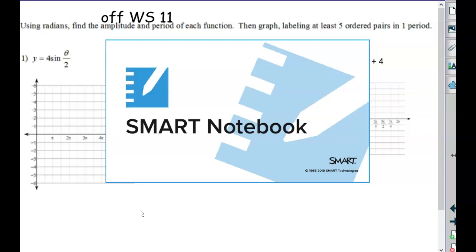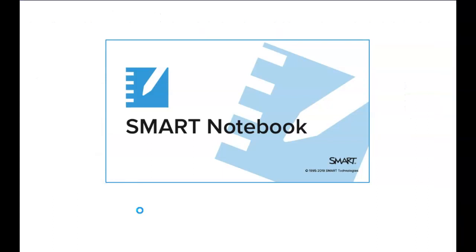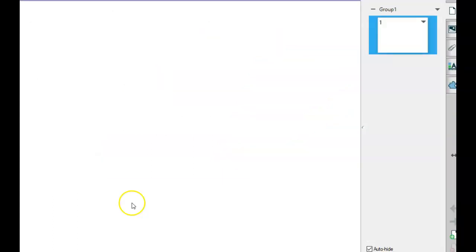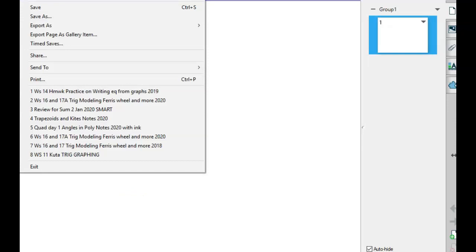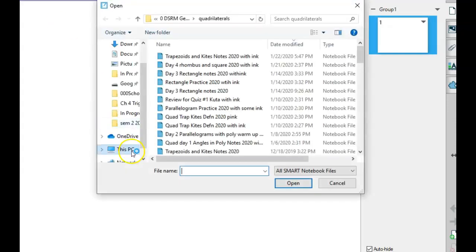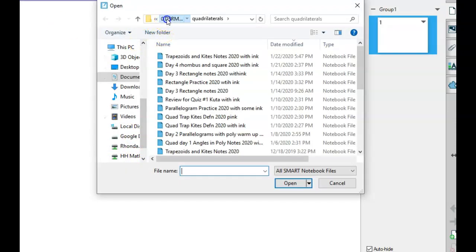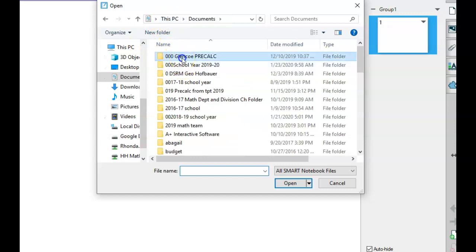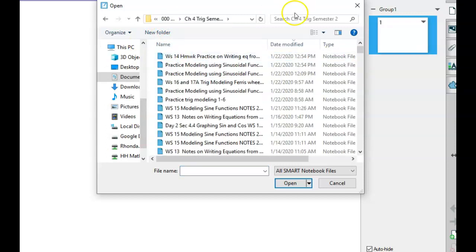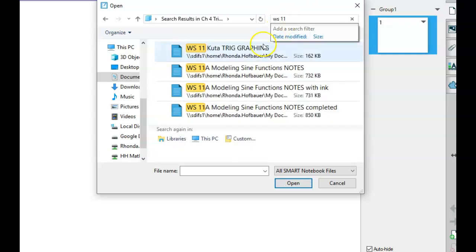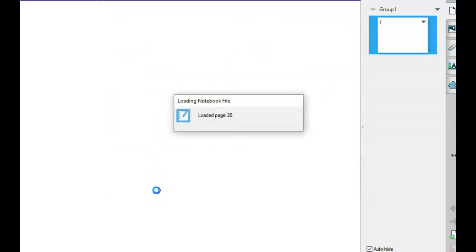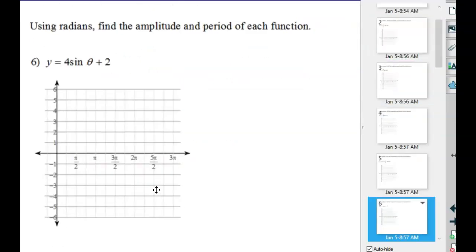Worksheet 11, number 9. Homework question, please. I was thinking that, but the worksheet has the actual graph paper here, so I found it.